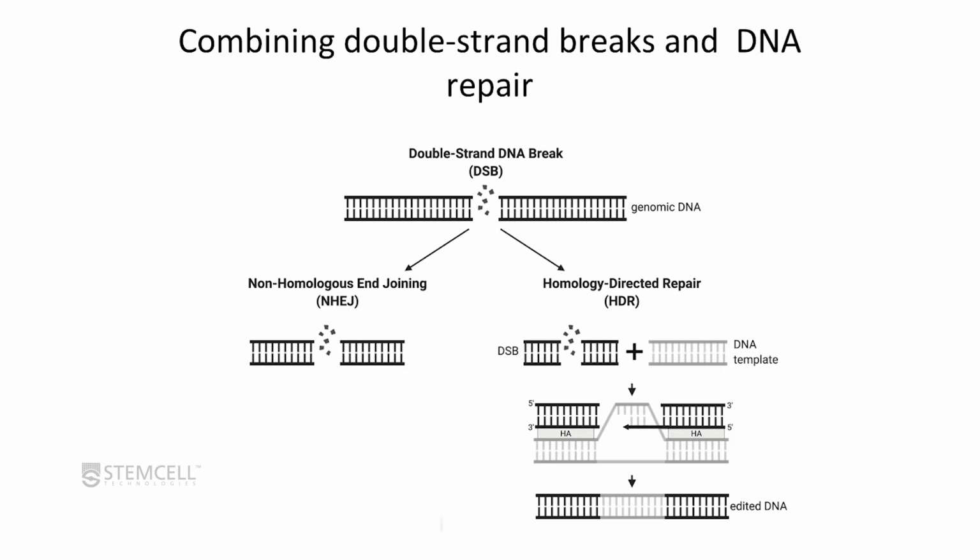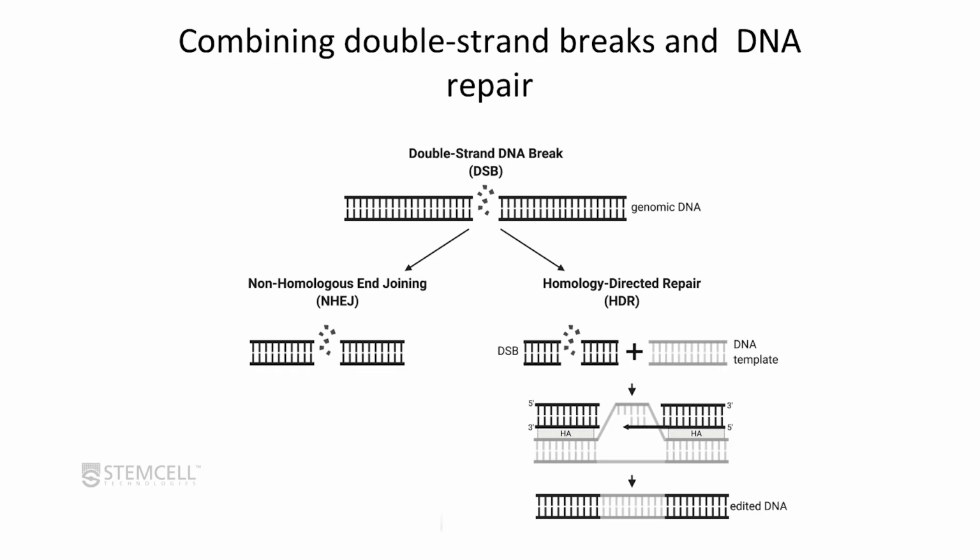So NHEJ on the left here typically does a good job of repairing the break, but if it's repaired properly, it regenerates the target sequence, which causes subsequent iterations of break and repair, until there is a mistake so that it's no longer recognized, so it gets cemented in. These mistakes tend to manifest in the form of insertions and deletions, and we tend to abbreviate this as indels. And so non-homologous end joining gives rise to indels.